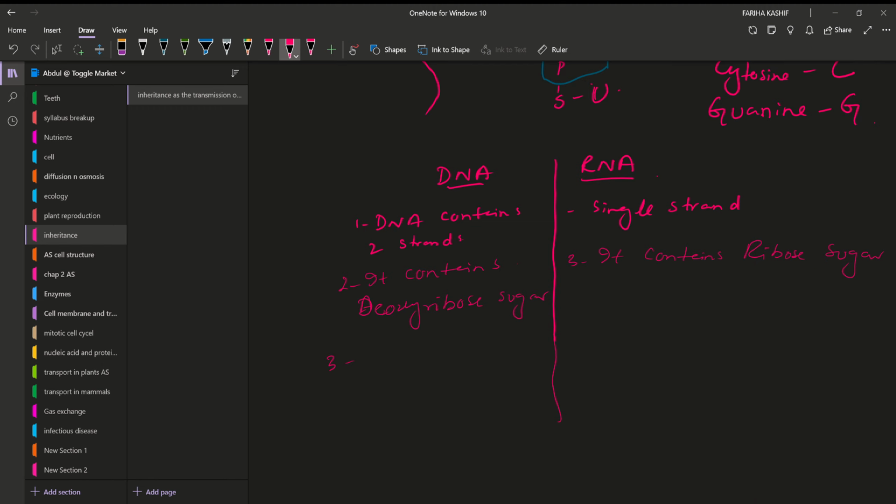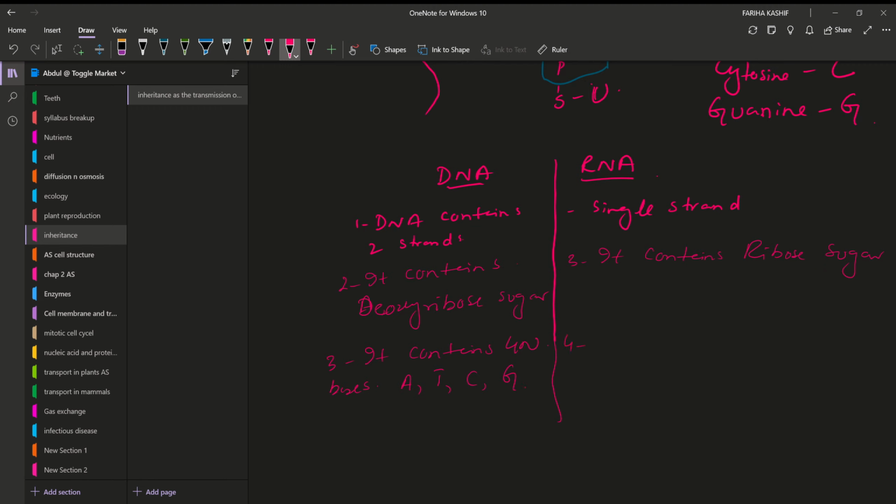Or number 3, the 4 nitrogen bases are different. Which nitrogen base is different? Thymine, uracil. DNA contains 4 nitrogen bases, which are adenine, thymine, cytosine and guanine.